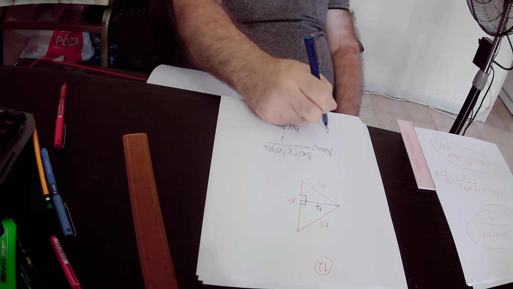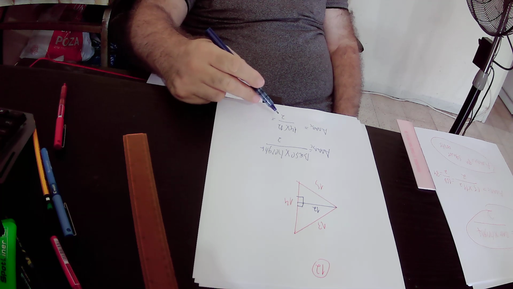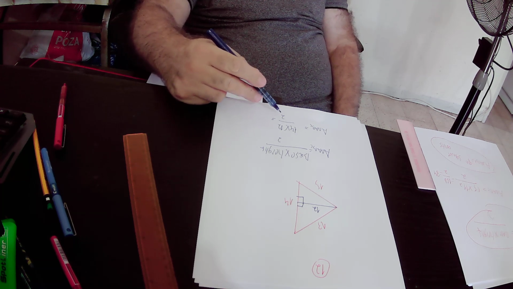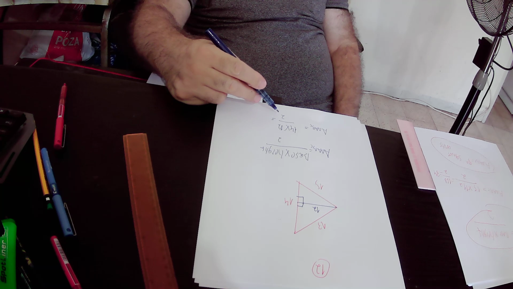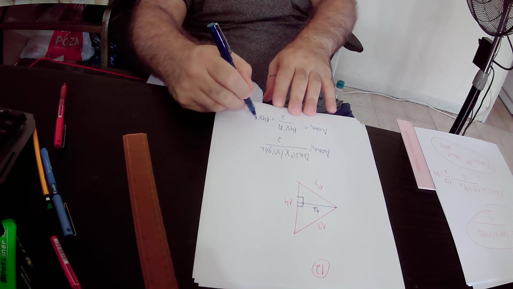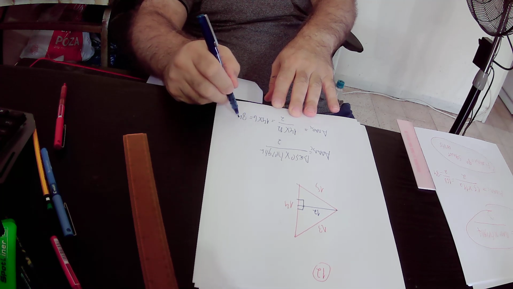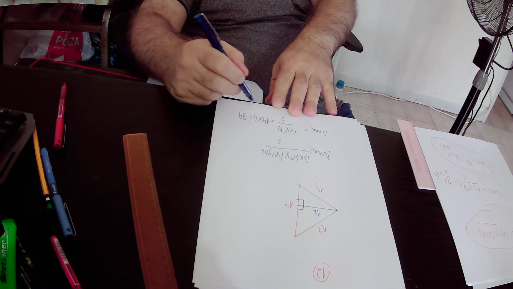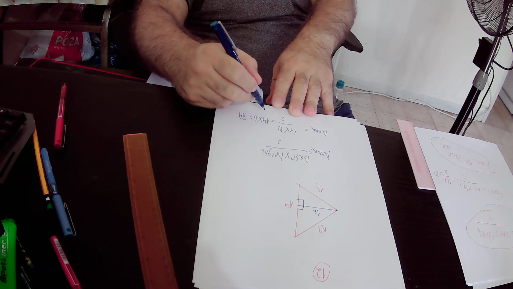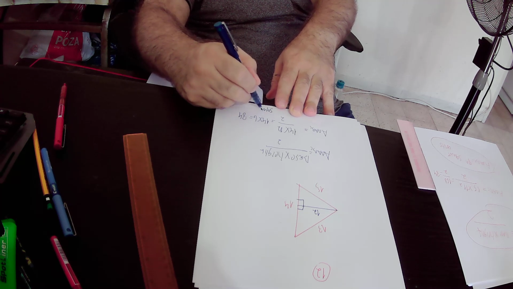So the area equals 14 times 12 over 2. 12 over 2 is 6, so the area equals 14 times 6, and 14 times 6 equals 84. So the area of triangle ABC equals 84 square units.